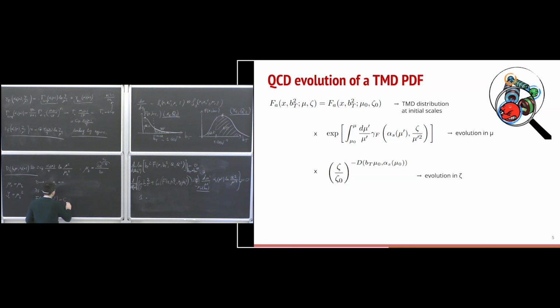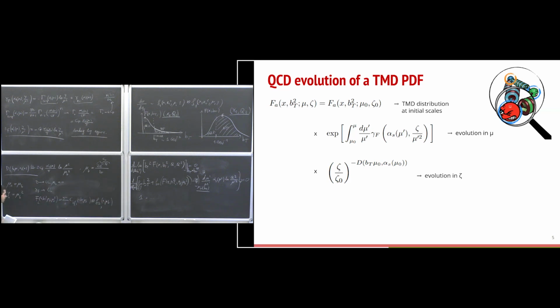If you're looking at a specific flavor i, this expression in perturbation theory is the sum over all the other flavors and the gluon, with some coefficients Cij, which are functions of x, bt, mu b, convoluted with the collinear PDF of the flavor j.